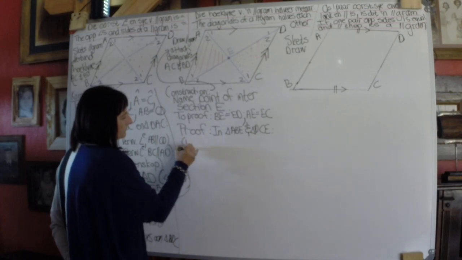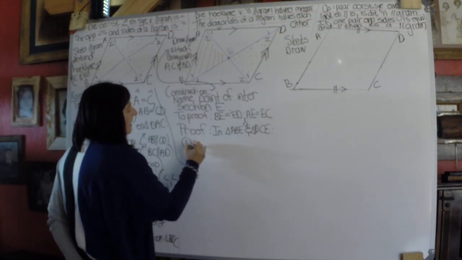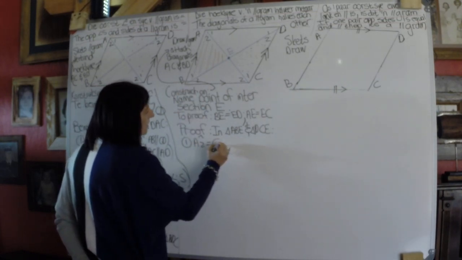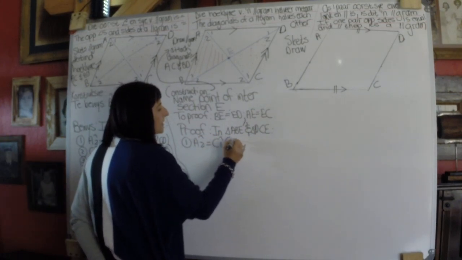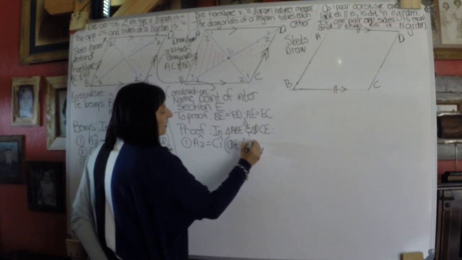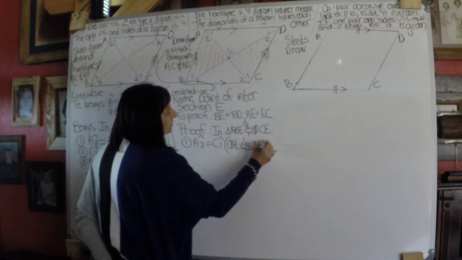Number 1. Again, we can say that A2 equals C1. The reason for that, alternate angles, because AB is parallel to CD.